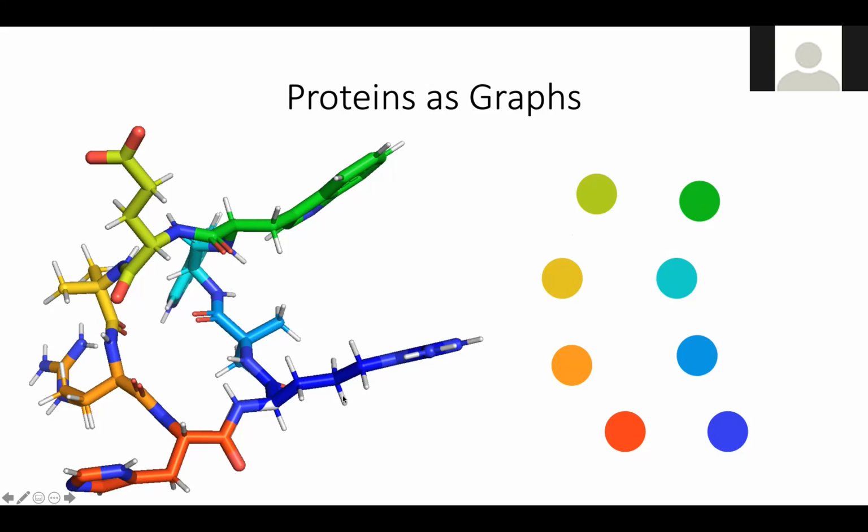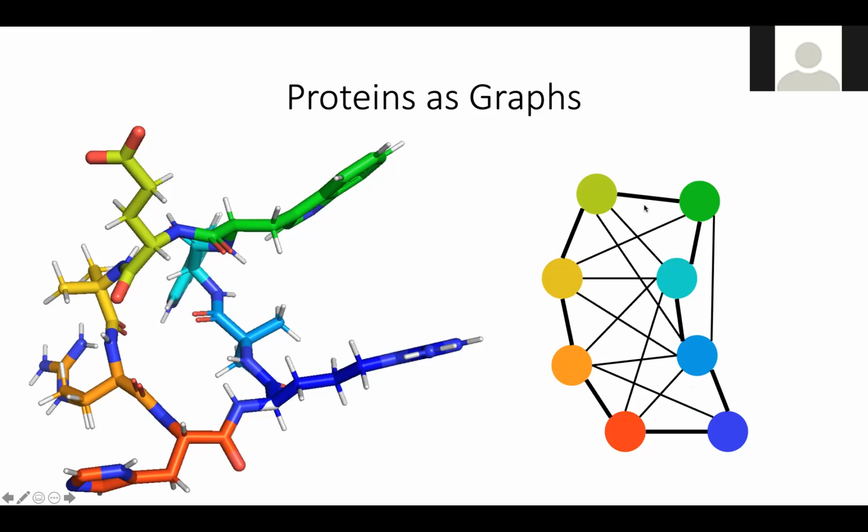For us, proteins, each residue is a node, and then we draw edges in between residues that are polymer bonded, so this is a cyclic peptide, so there's no termini. But we can draw edges between anything you'd like. What I tend to do is draw edges between any two residues that are either polymer bonded or close enough in space to interact with one another.